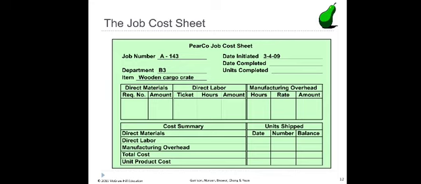The first is direct material cost, the second is direct labor cost, and the third is manufacturing overhead cost. So when a business uses a job cost sheet, it has to record the 3 costs related to the job: direct material cost, direct labor cost, and manufacturing overhead.